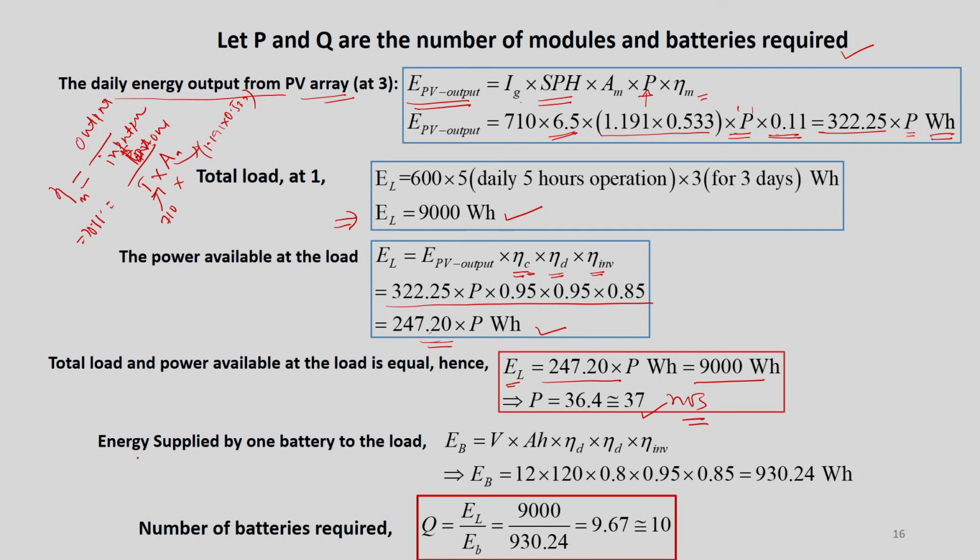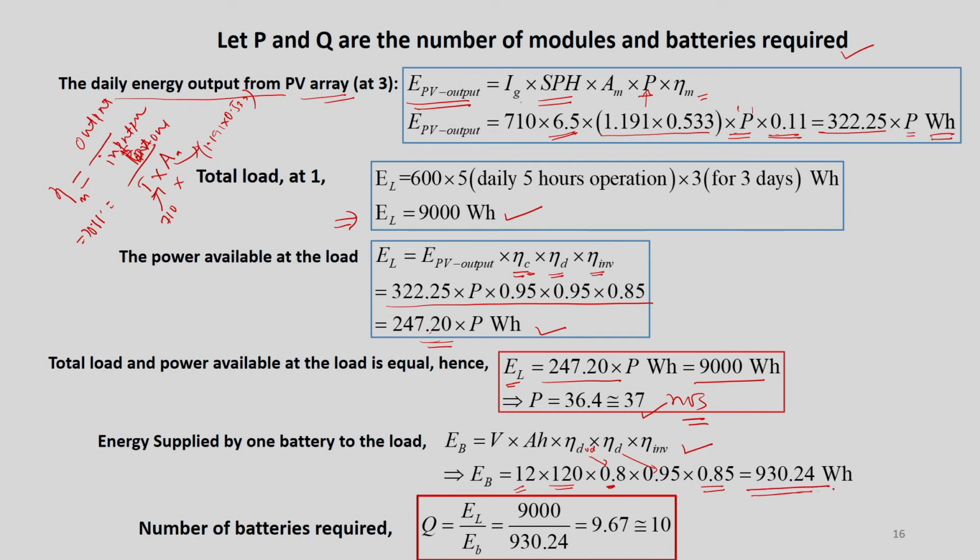Then this energy supplied by one battery to the load we can calculate something like this. Okay. So, this is already we know, 12 into ampere hour is 120, volt is 12 volt, and discharge efficiency is 0.8. Then we have DOD, DOD is 0.8 and discharge efficiency is 0.95 and inverter efficiency is 0.85.